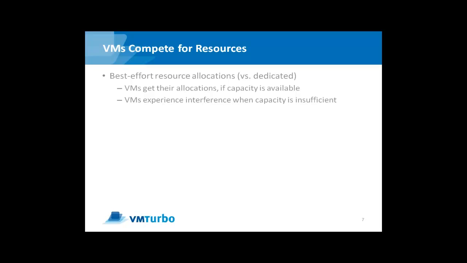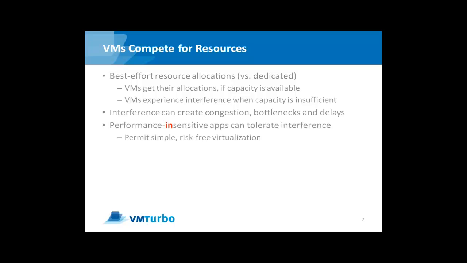What does this mean? Well, it means that the hypervisor, VMware, Citrix, Hyper-V, provides to the VMs the allocation if the capacity is available, but if it's not, then the VMs experience interference, which results in congestion and bottlenecks, delays. And all of this is actually generally okay for performance-insensitive apps, which can tolerate the interference.